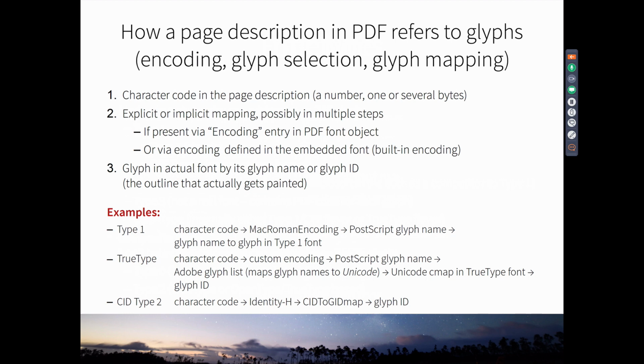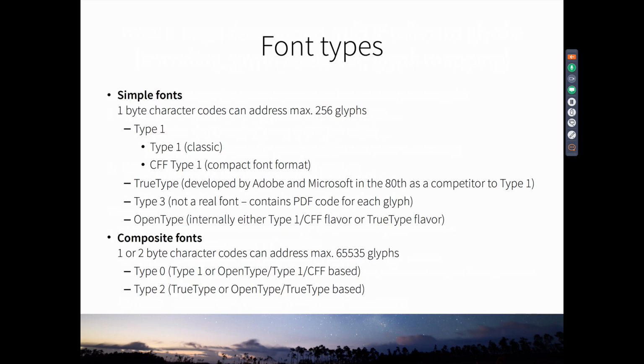For that reason, because it's so dependent on the font types, it makes sense to look right now into what font types we could actually have in a PDF file. First, there are simple fonts. Nothing is really simple when it comes to fonts, but they are simpler than composite fonts because they only use 1 byte per glyph.